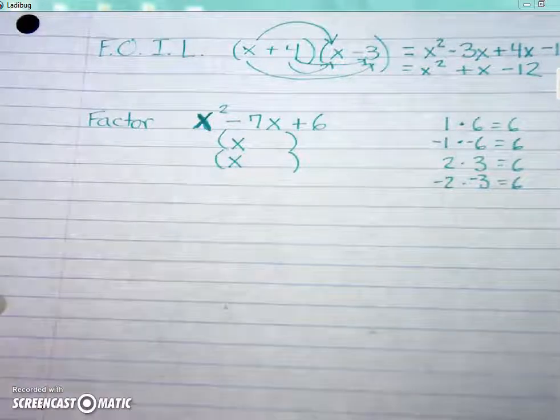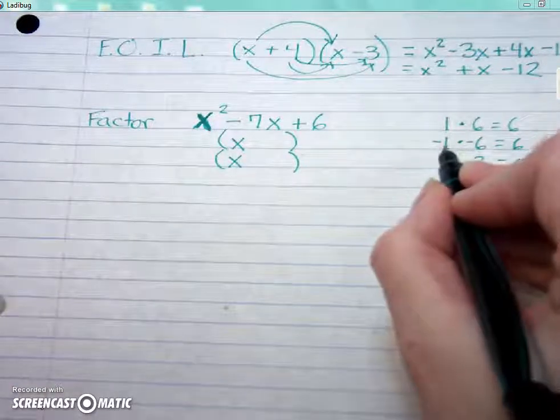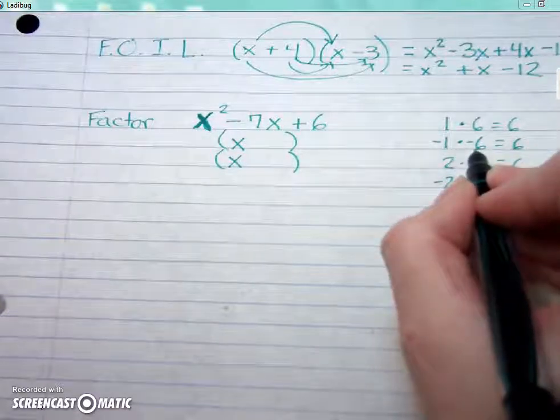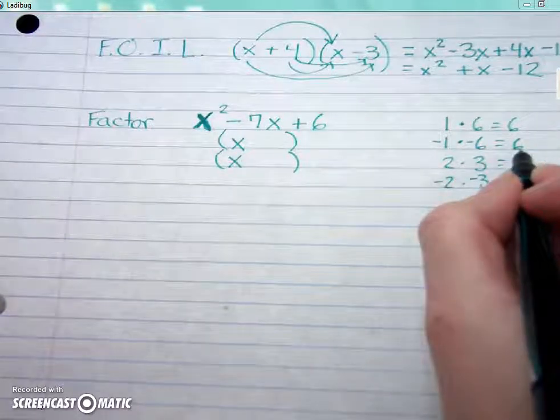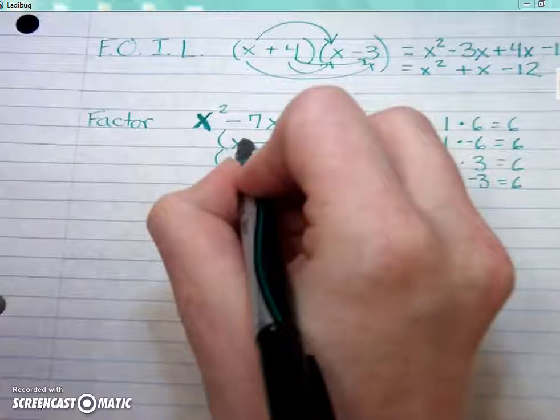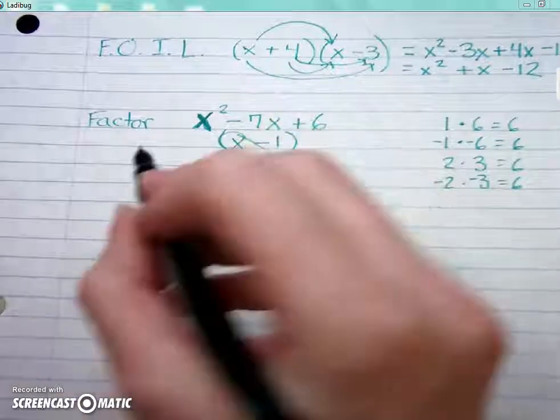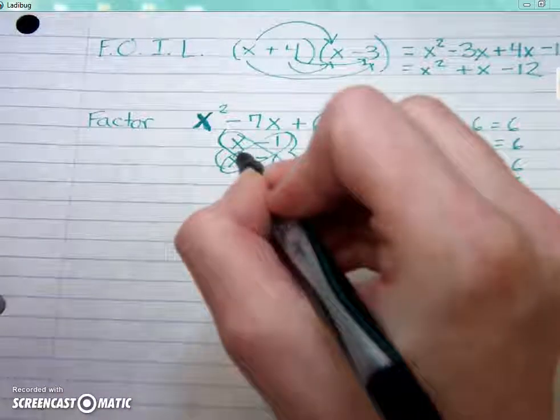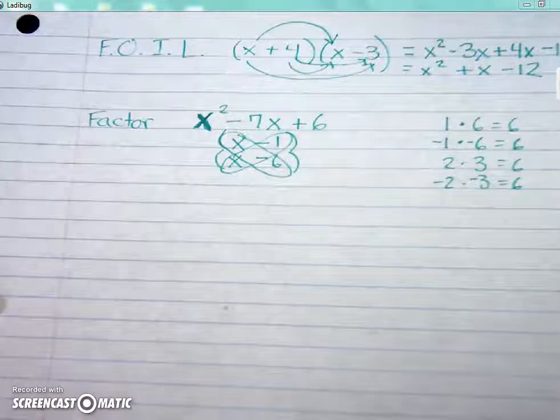So when I do that, I look here and I'm like, well, when I multiply negative 1 times a negative 6, I do get 6. But if I would multiply them across to do the outer and the inners, and then combine them together, I would also get negative 7.